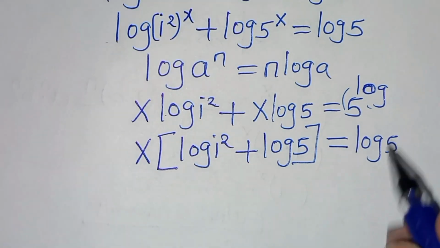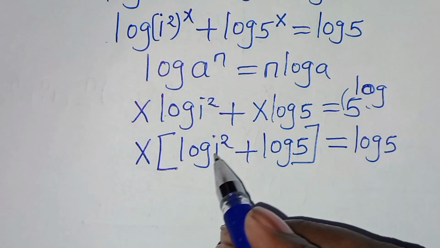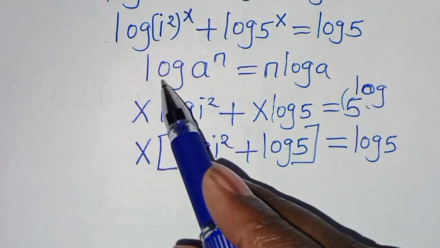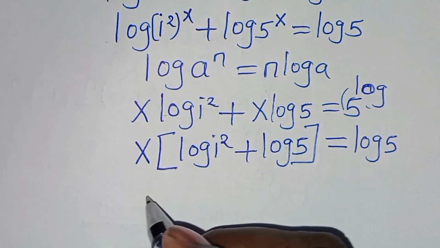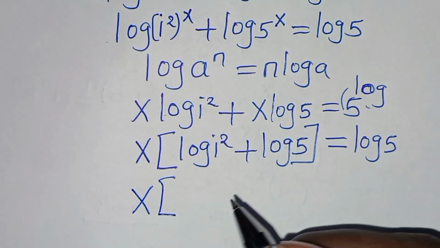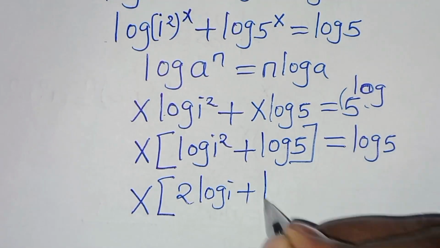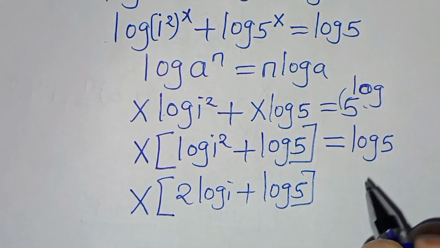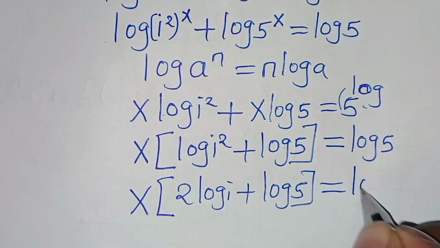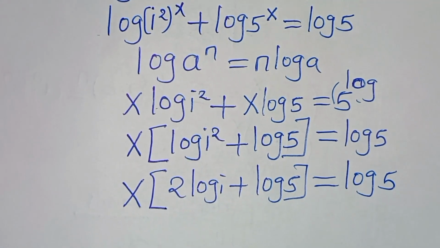Now, from here, we have that log i to power 2. Applying this power rule property, this becomes x into the parentheses. This is 2 log i plus log 5, close the parentheses. This is equal to log 5.